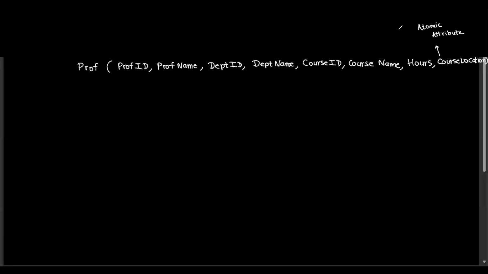So we have these specific attributes, and let's say they have given us that prof ID and course ID functionally determines hours. That is the first functional dependency they have given us. Okay, this is FD1.